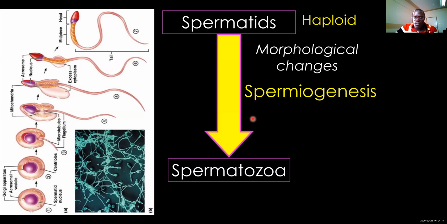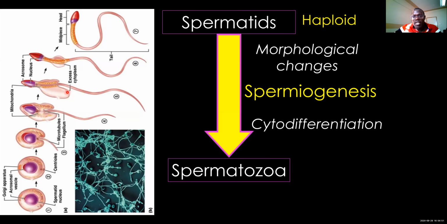During spermiogenesis, we have a lot of things occurring in the cytoplasm. There's a lot of differentiation that takes place in the cytoplasm, including shedding off of the excess cytoplasm. This process is facilitated by the Sertoli cells, those supporting cells of spermatogenesis.